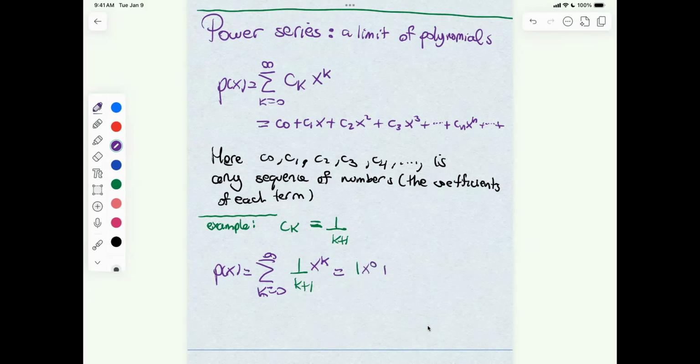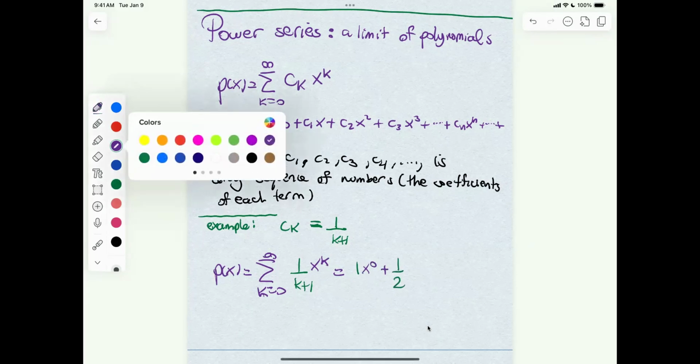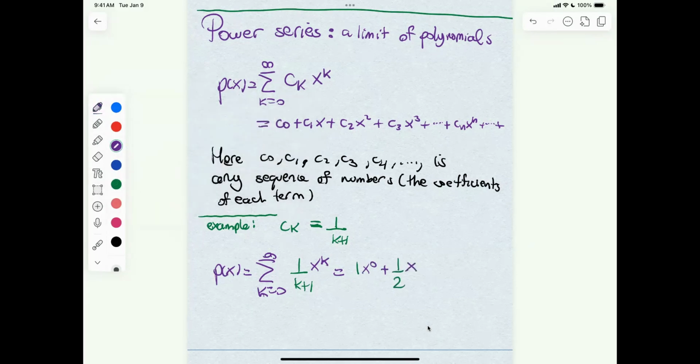Then at k equals 1, 1 plus 1 is 2, so you get 1/2, and x to the 1 is x. Then 2 plus 1 is 3, so you get 1/3 x squared. Then you get 1/4 x cubed, and hopefully you see the pattern: the denominator is 1 more than the exponent, just because of how I chose things.